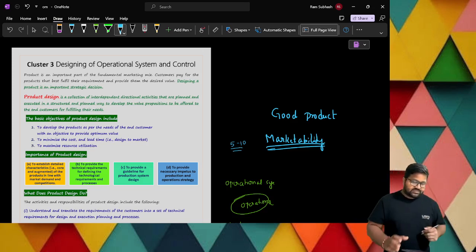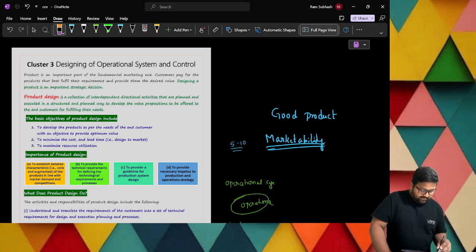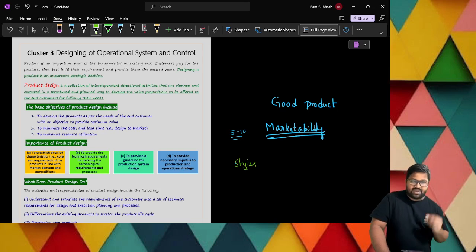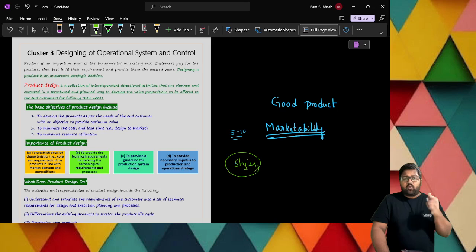Let us take a few examples for marketability. In the market there is a product, a stylus, the pen we are using now. I am a customer in need of a stylus, and the company Lenovo is manufacturing laptops with a touch pen stylus.